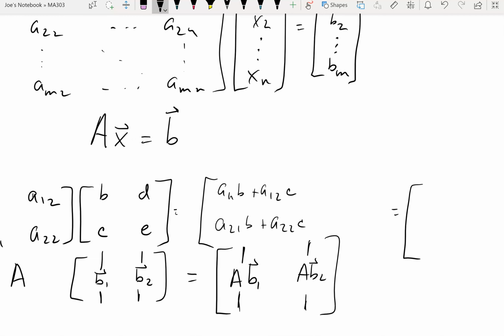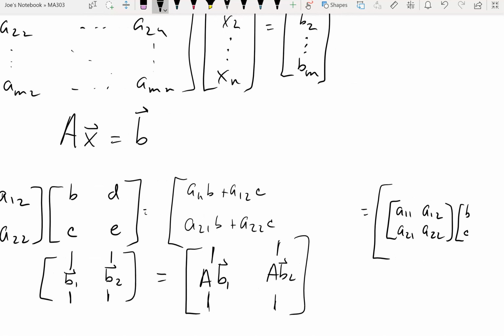Because, all right, this is going to look weird. That's the same thing as that in the first column. That's what I'm saying.